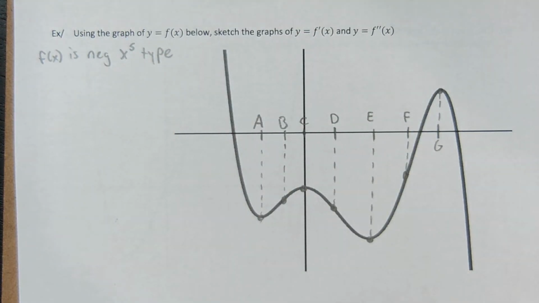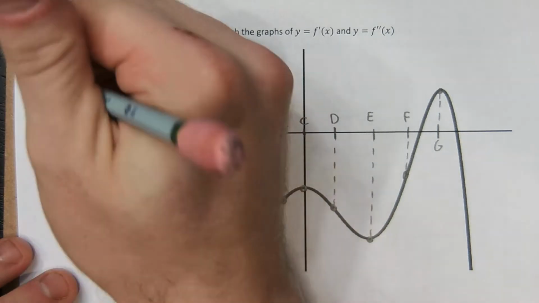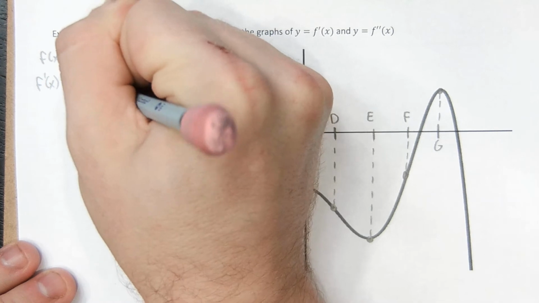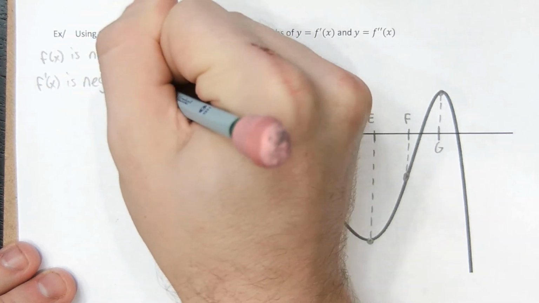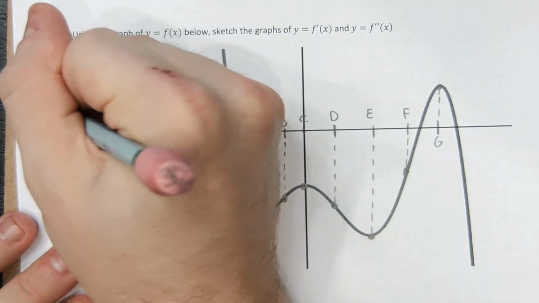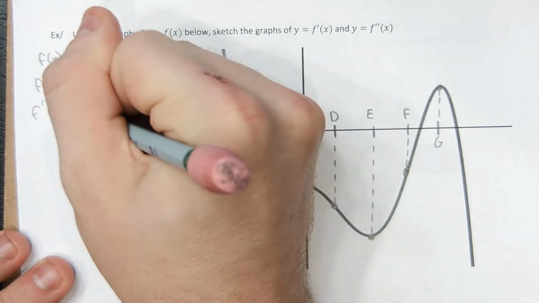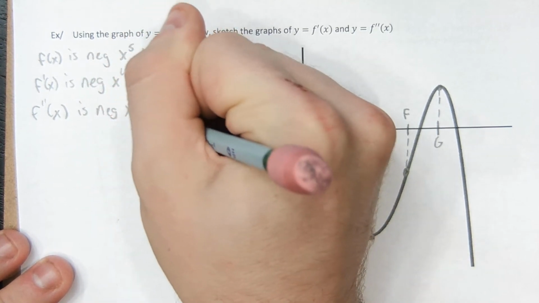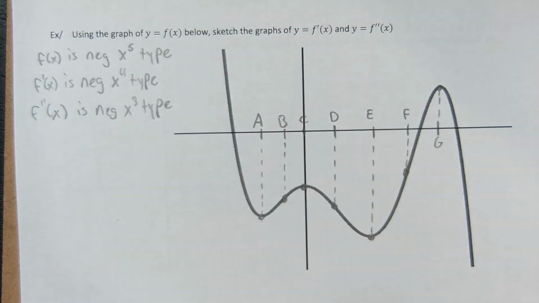Well, that immediately tells us that the first derivative is a negative fourth degree type, which tells us that our second derivative is a negative third degree type. There, we're ready to rock and roll.